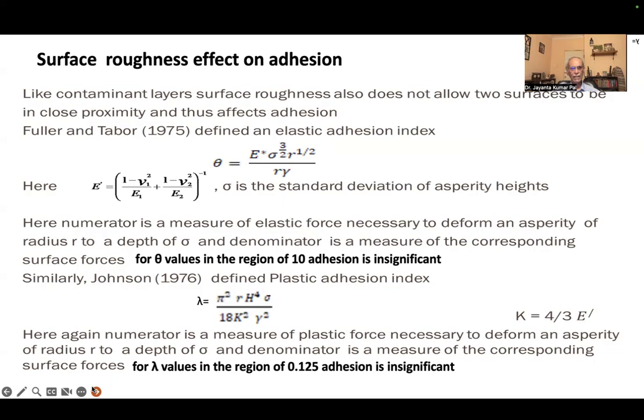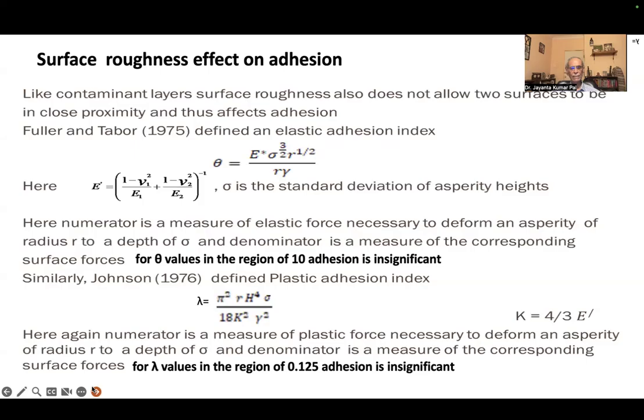Around 1975, Tabor and Fuller did some work, both experimental and theoretical, and they came up with a factor theta, which is E star sigma to the 3/2 divided by R gamma.